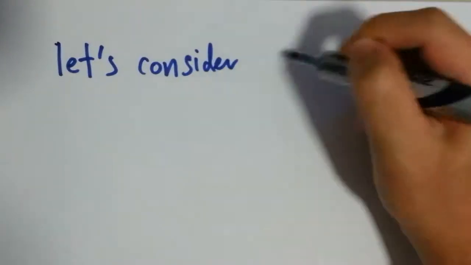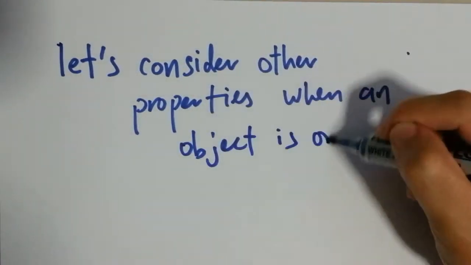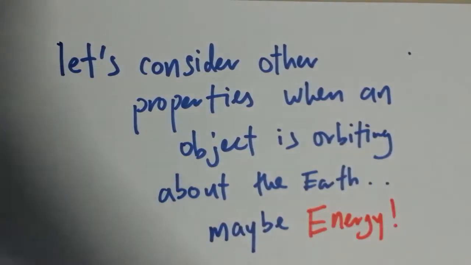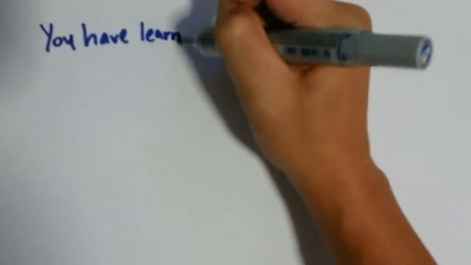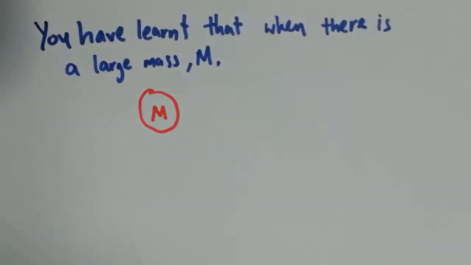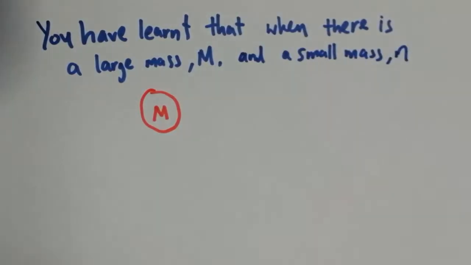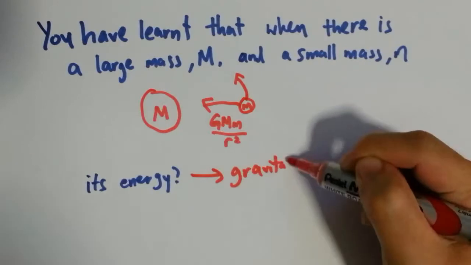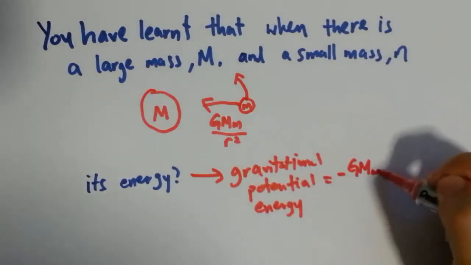Okay, so that is for the velocity. How about the other properties when it is orbiting about the Earth? Let's say the energy. You have learned that when there is a large mass M and a small mass m orbiting around it, its gravitational potential energy will be minus GMm over r.